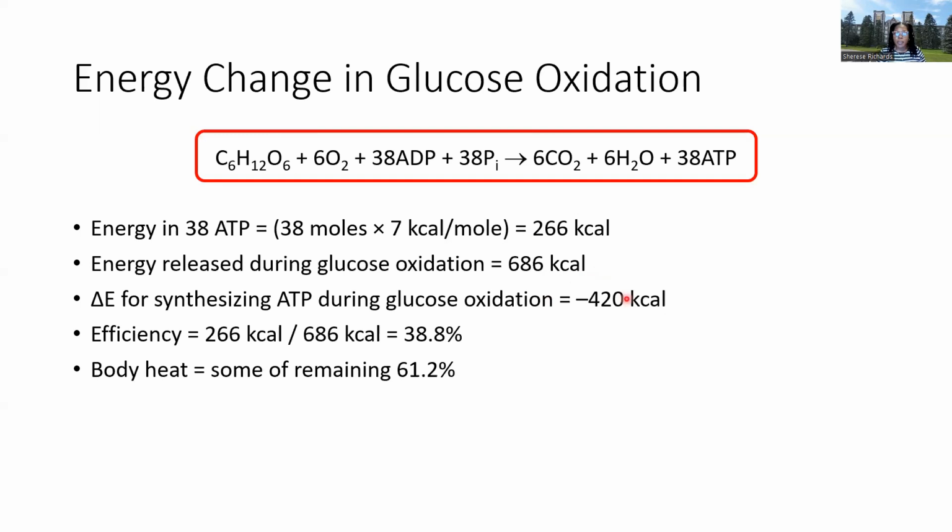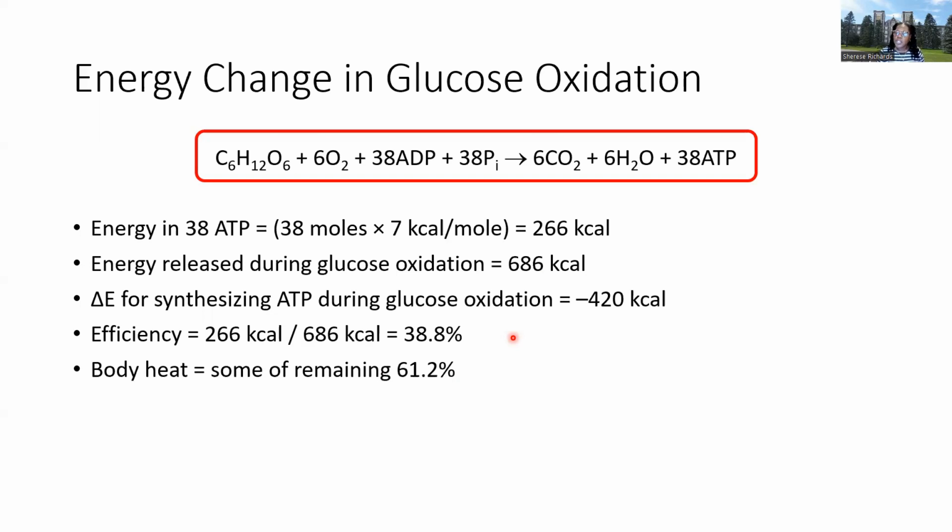So we say that to say that of the 686 kilocalories that we should ideally be liberating from 38 ATP, we only liberate 266. And so that means that glucose oxidation is only 38.8% efficient. Okay, and 61% of that energy is basically lost into the environment as heat, right, as our body heat.